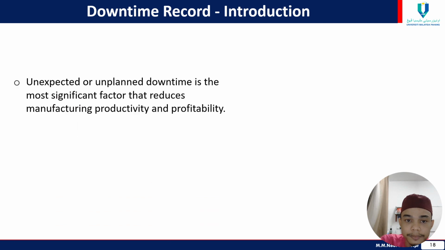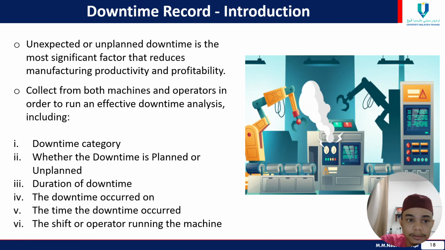Next, downtime record. Unexpected or unplanned downtime is the most significant factor that reduces manufacturing productivity and profitability.